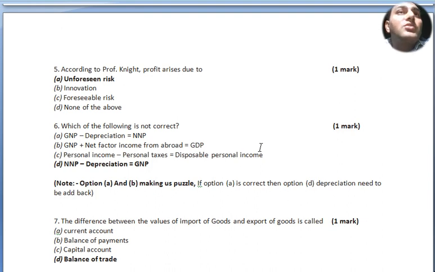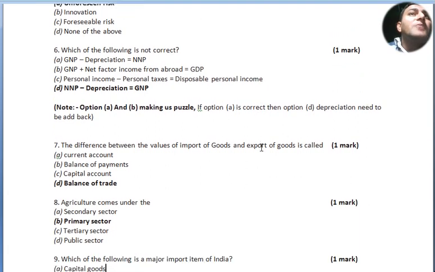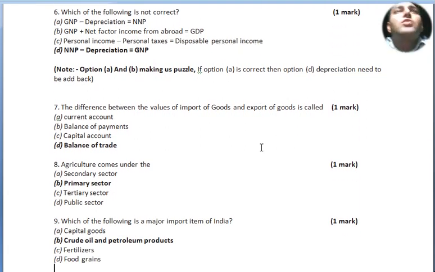So NNP minus depreciation equals GNP is not correct. Alright, don't get confused. These are puzzle questions. I have written a note also. Options A and B make us puzzled. If option A is correct, then in option D depreciation needs to be added back. So here it needs to be option D.